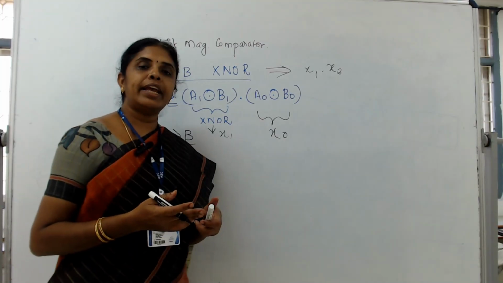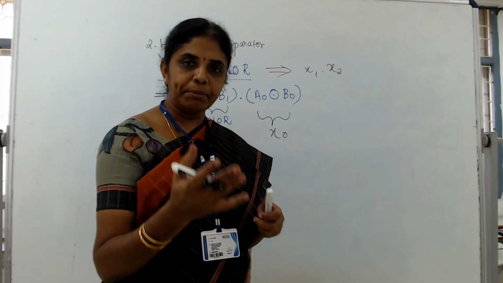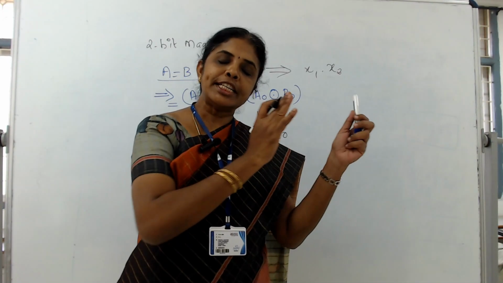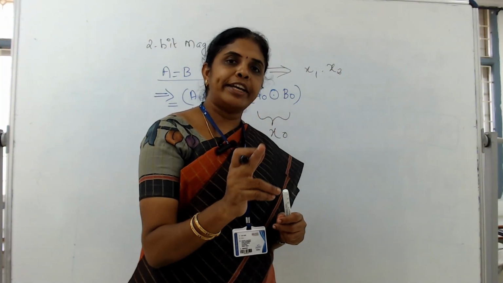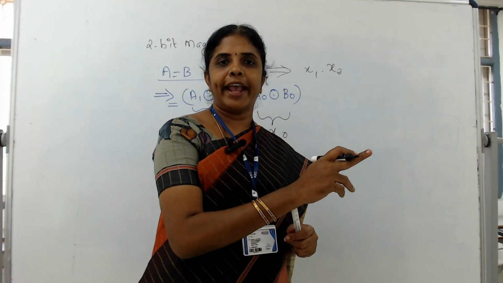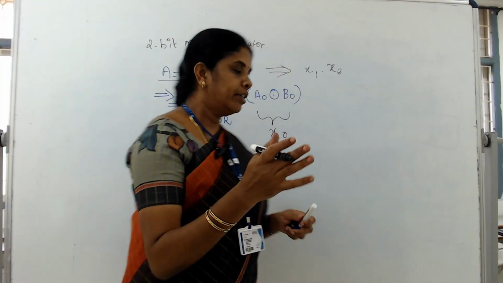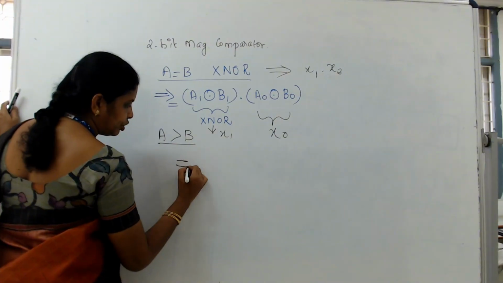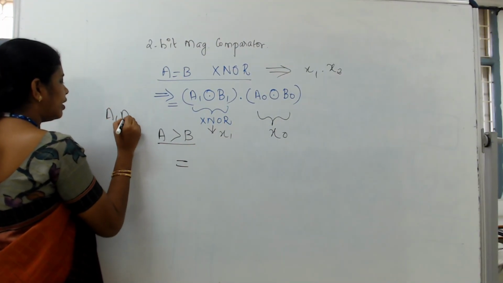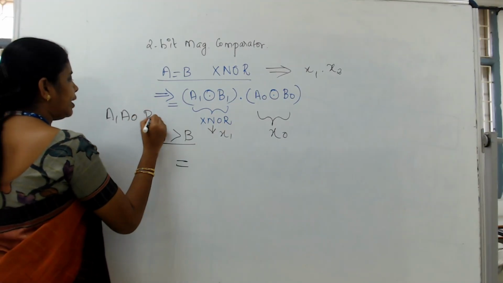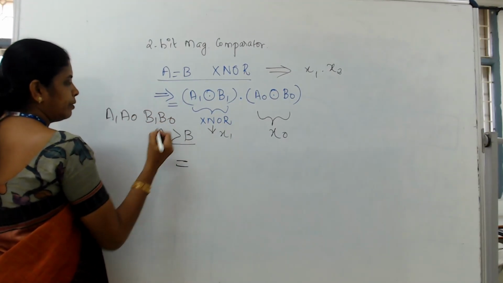Now, let us consider the output A greater than B. How do you say that the A value is greater than B? Simple, you just scan from the most significant bit. The most significant bit should be 1 for A and 0 for B. So A is A1, A0. Similarly, B is B1, B0.